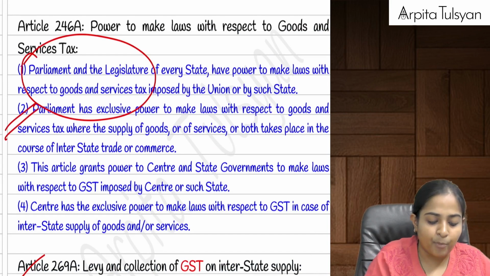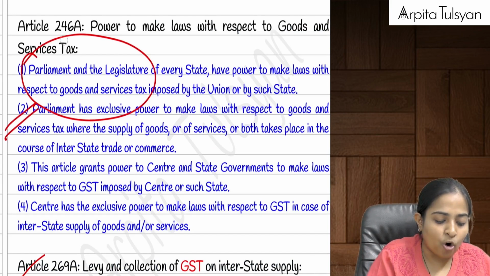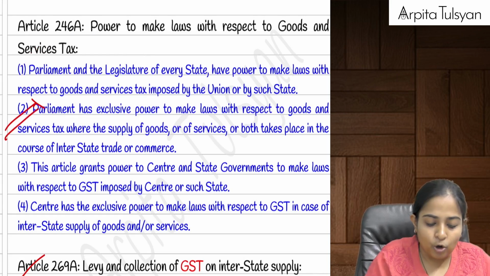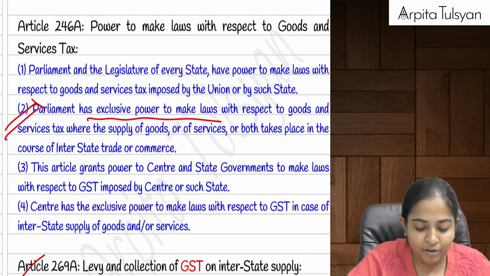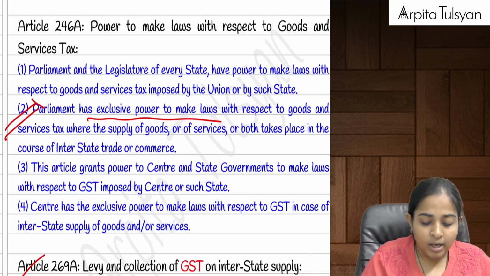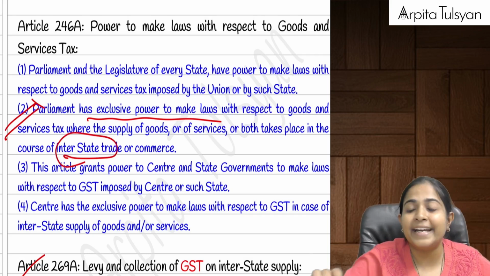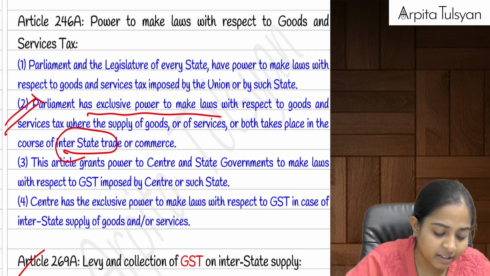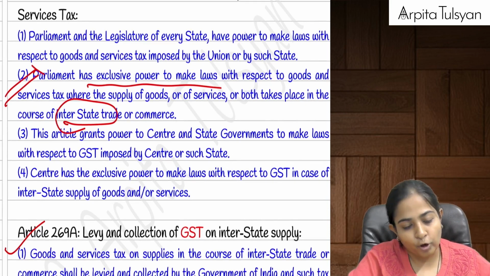Just see the second point here. Parliament has got the exclusive power to make laws with respect to goods or services in case of interstate. From one state to another, parliament will make the laws for the same.